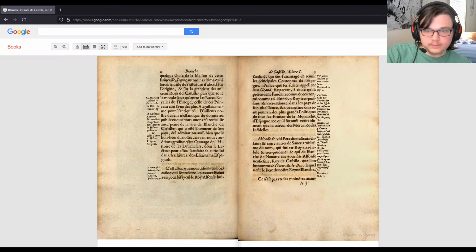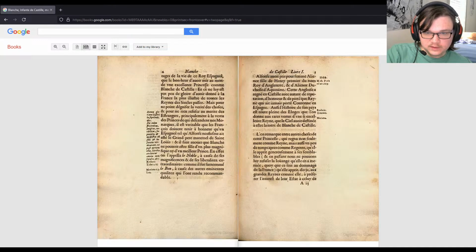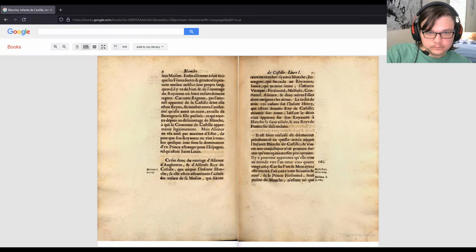This book is really long, so I'm not reading the whole thing. So unless I find a really cool picture of her, or that you see there, Castille, and that's an S, and it's like this weird shape. Oh, and you can read through the pages here. It's kind of weird.